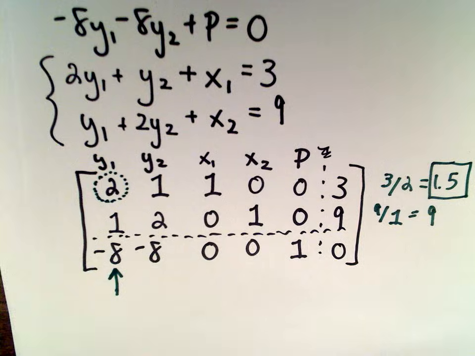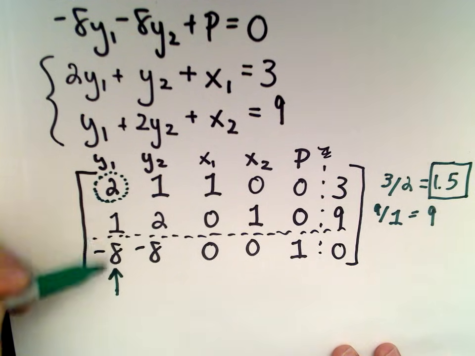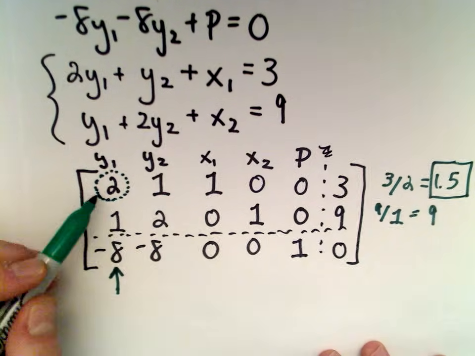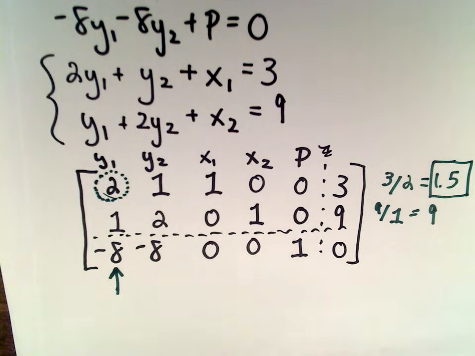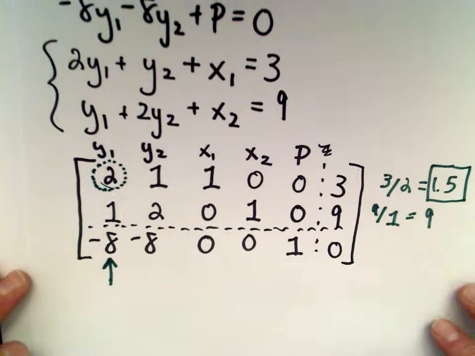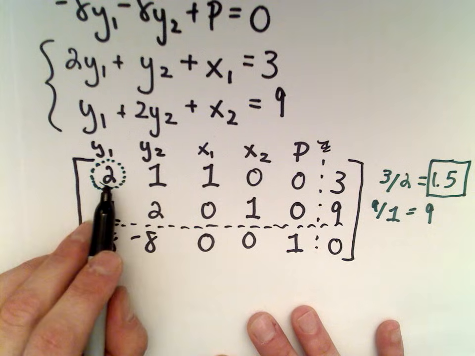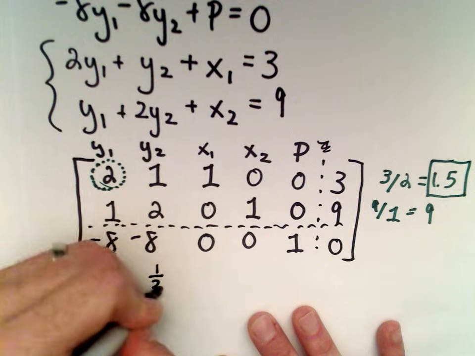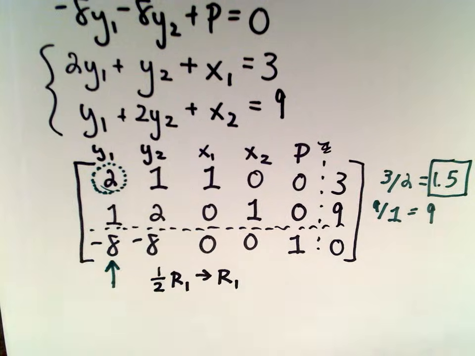So what we want to do now is get zeros everywhere else in that column beneath the pivot element. To do that, the first thing I'm going to do is make this 2 into a 1 by doing some row operations. This is all stuff I do in the other videos, where I go a little bit slower. Same idea: whatever the coefficient is, I had a 2 here, you just divide by that. So I'm going to take 1/2 of row 1, and that's going to give me my new row 1.